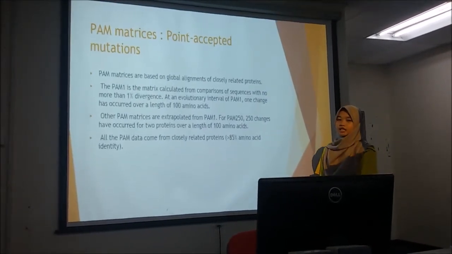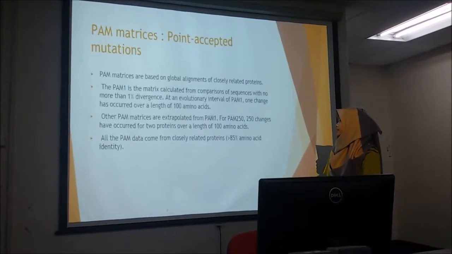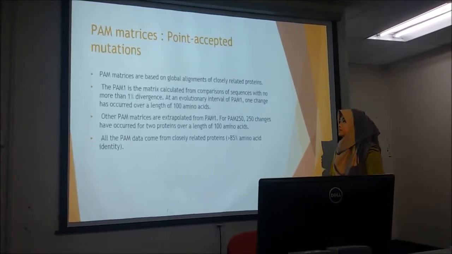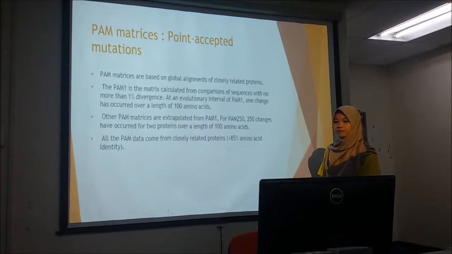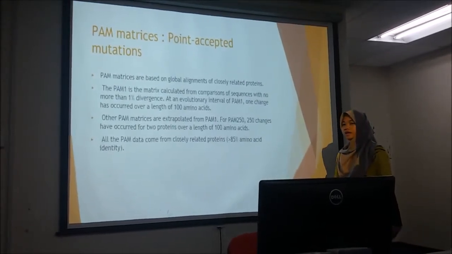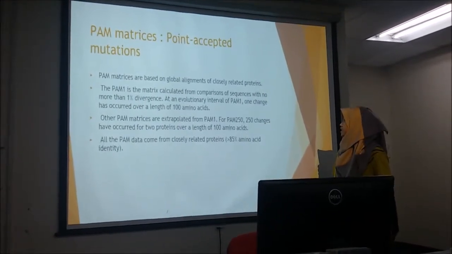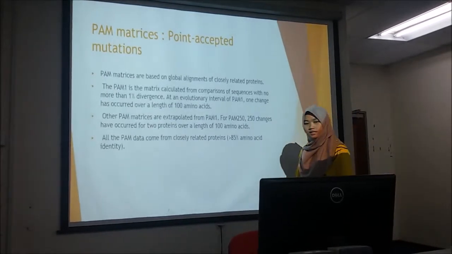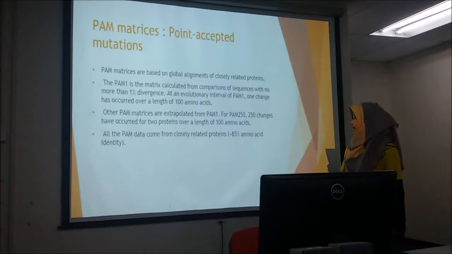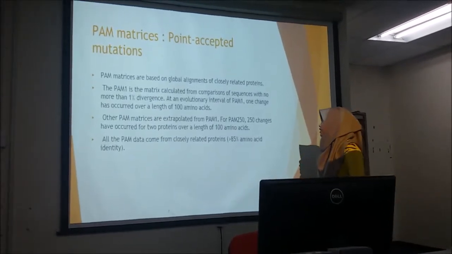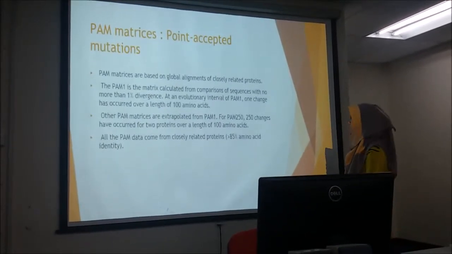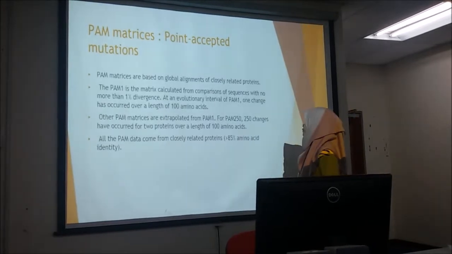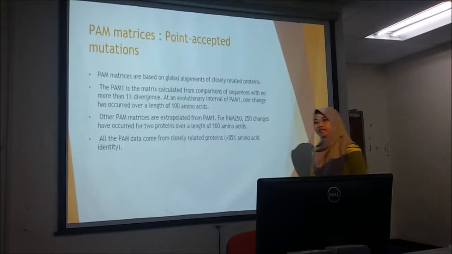One change has occurred over a length of 100 amino acids. The other PAM matrices are extrapolated from PAM1. For PAM250, changes have occurred for two proteins over a length of 100 amino acids. All these PAM data came from closely related proteins, which have more than 85% amino acid identity.